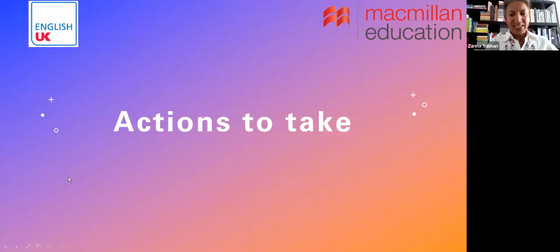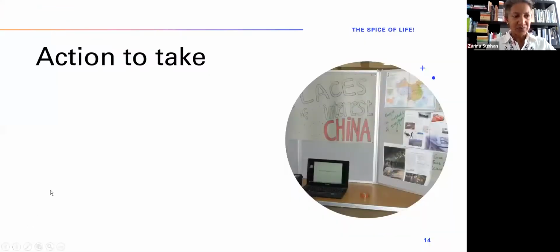So actions that we can take then, practical things that we can do in the classroom. I had a group of teachers from China who were doing a 1-month course for teacher training in the UK. And they really came to life when they had the opportunity to represent China.